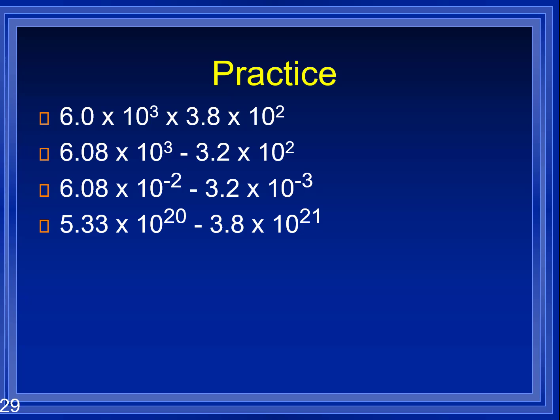So you push buttons on your calculator. 5.33 times 10 to the 20th minus 3.8 times 10 to the 21st equals, and if you have successfully pushed buttons, you will get negative 3.267 times 10 to the 21st.